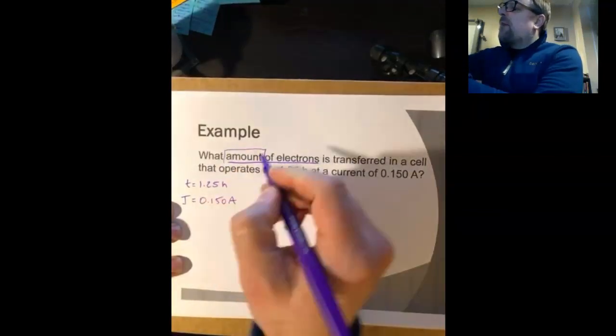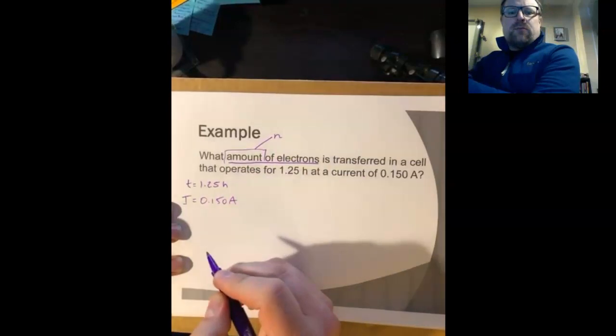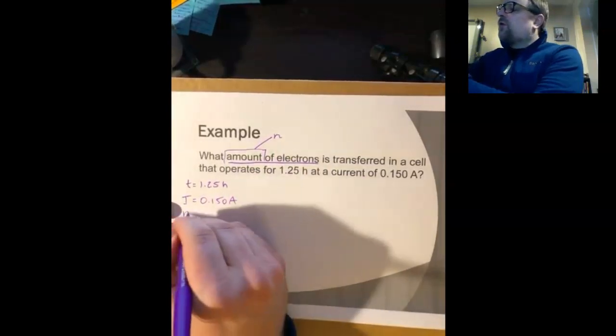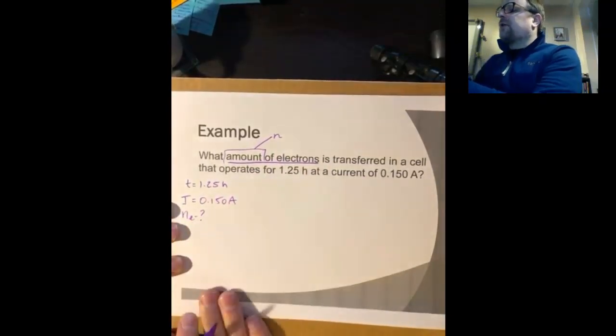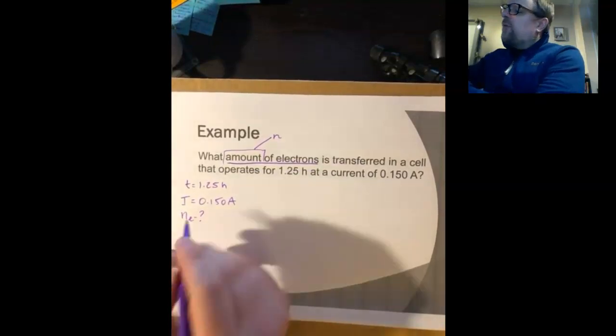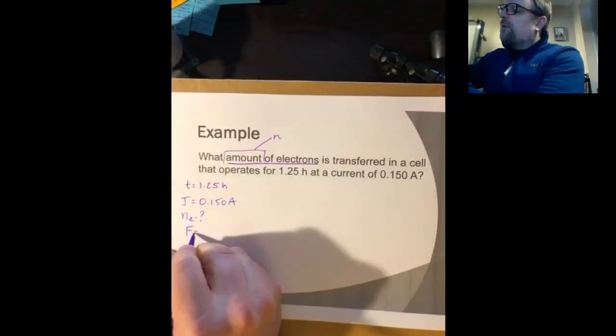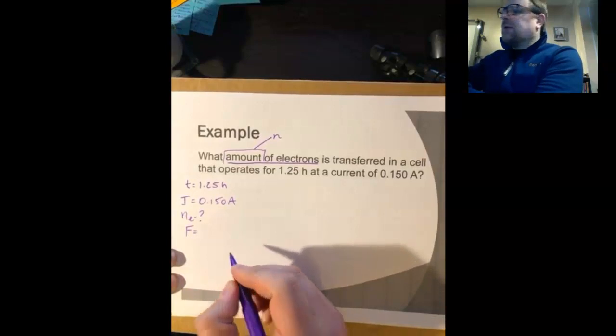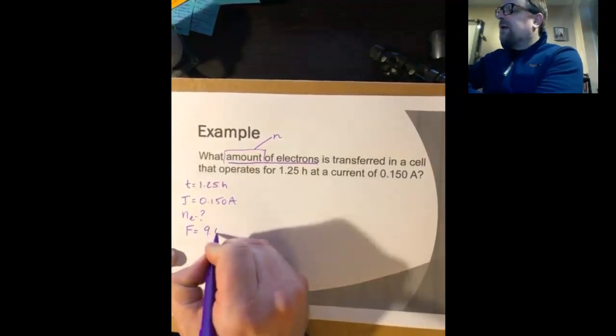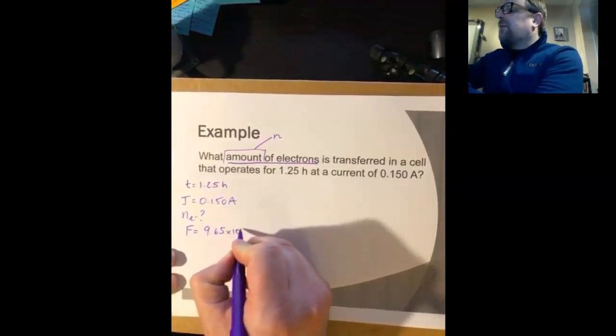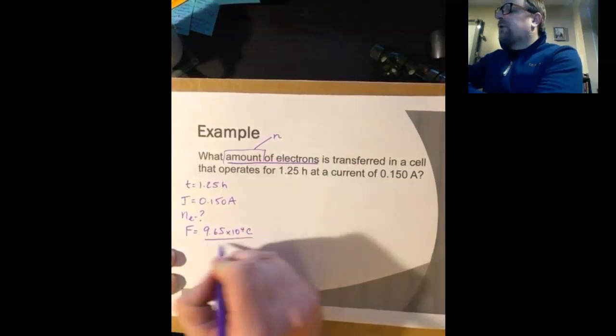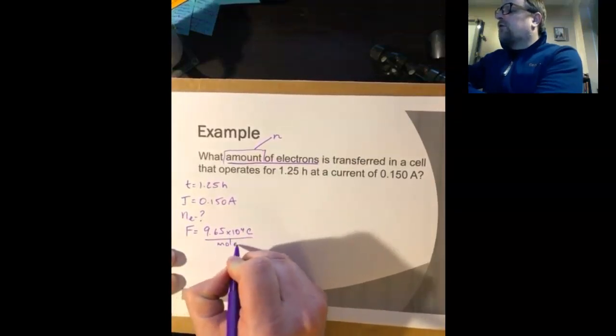Amount, remember, you should be thinking number of moles. So we're trying to figure out number of moles of electrons. The other thing we also know, remember please, is Faraday's constant. It's a constant, we can always reference it at 9.65 times 10 to the 4 coulombs per mole of electrons.